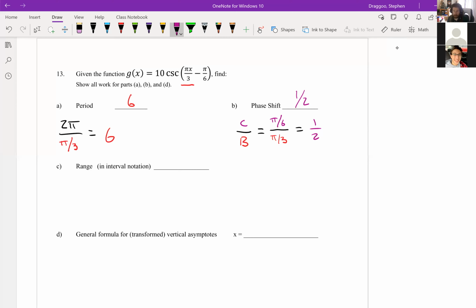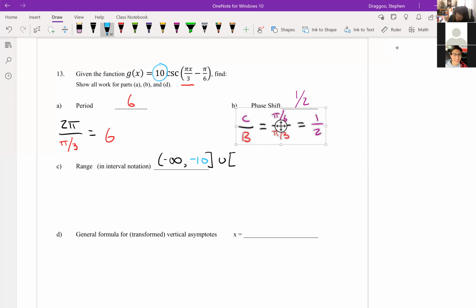Okay. So then we want the range in interval notation, which is where that 10 is going to become important. So negative infinity to negative 10, union positive 10 to positive infinity.